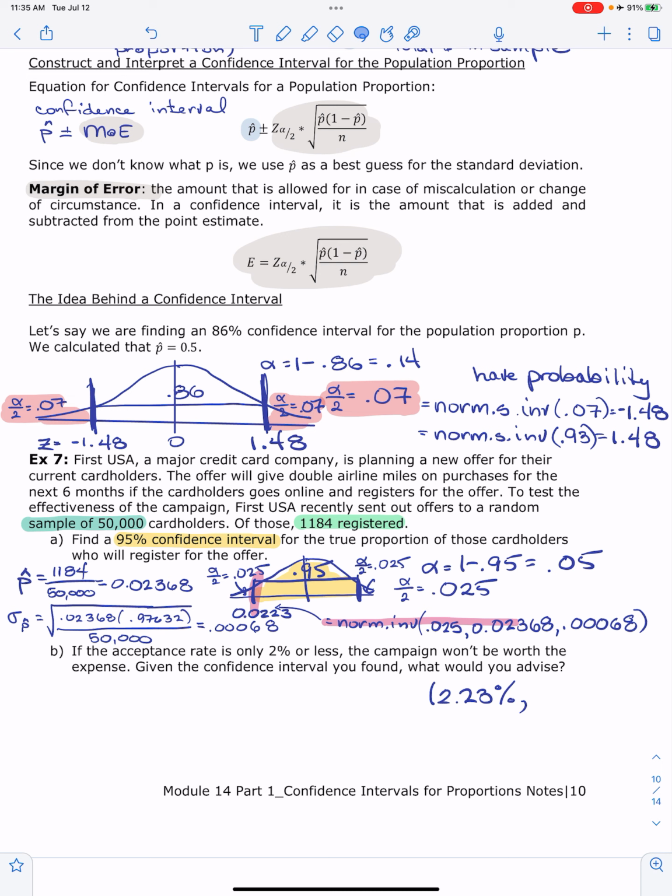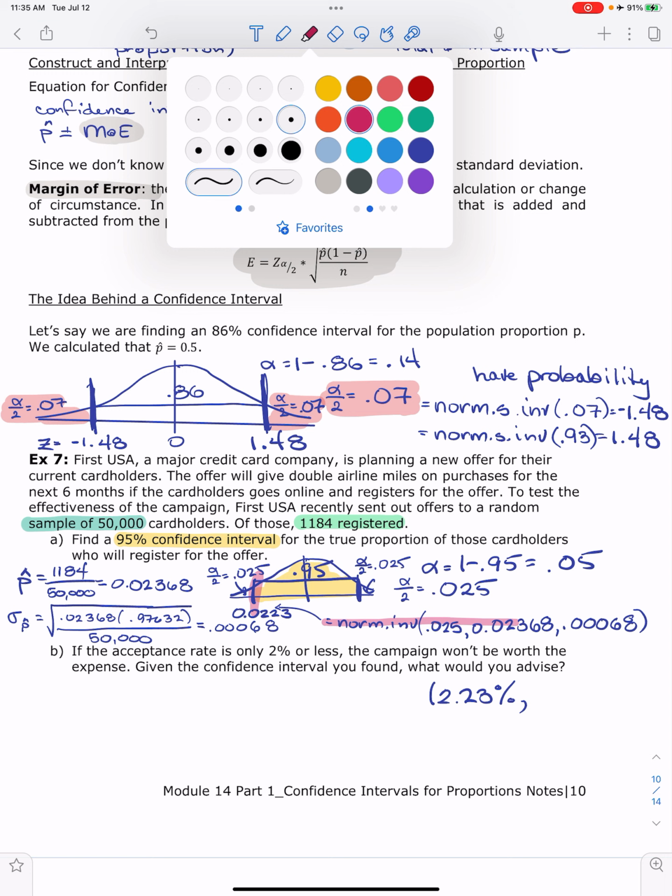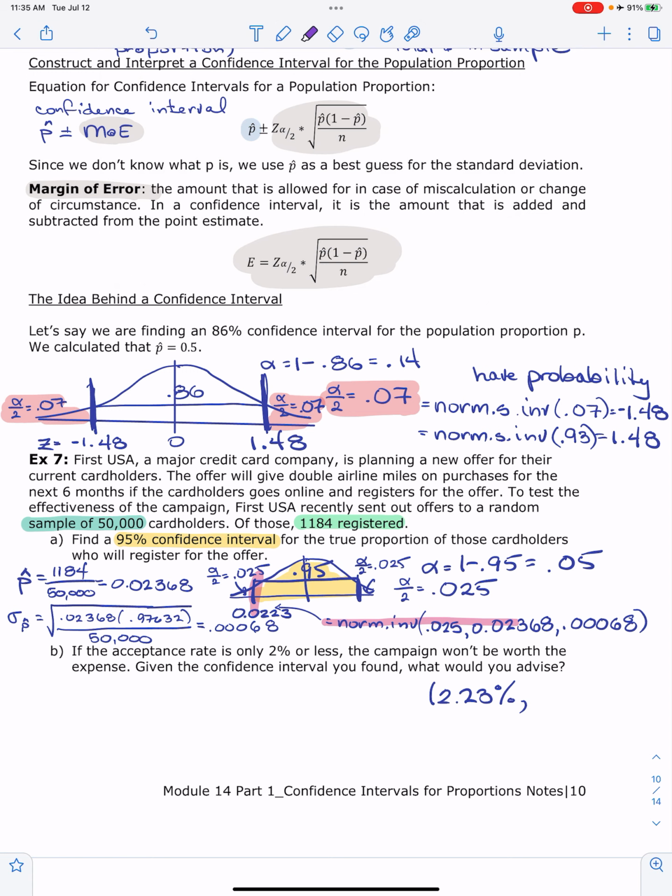I need to do the same thing. New color for my upper bound. I apologize for the non-complementary color use here. So again, equals norm.inverse.